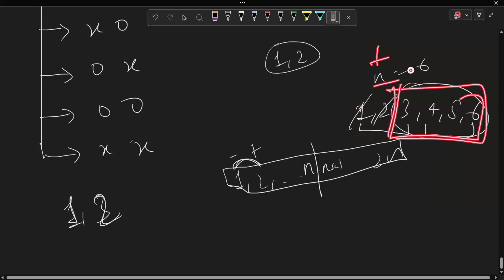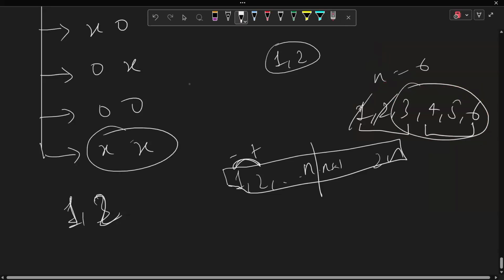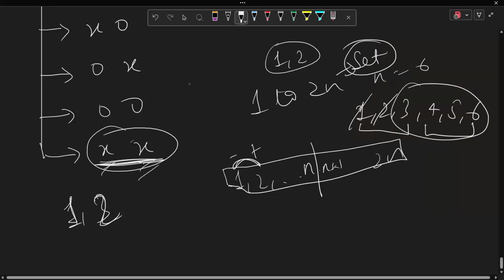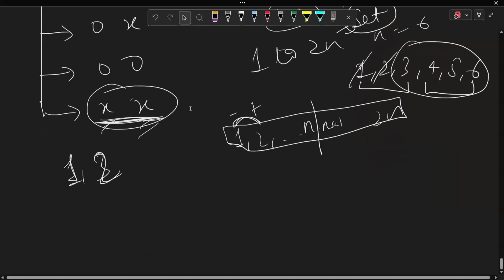So basically, initially first just check all these cases and remove all those. You can store all the elements from 1 to 2n in a set, and whenever you get an xx pair, erase those elements from the set. Now whatever you get in your set, just divide this.